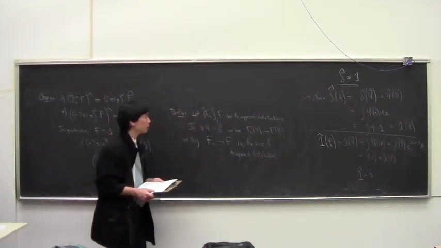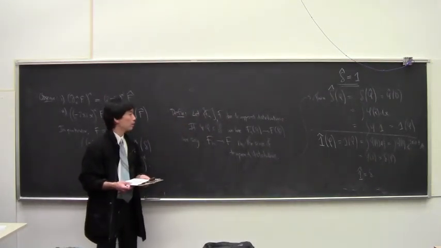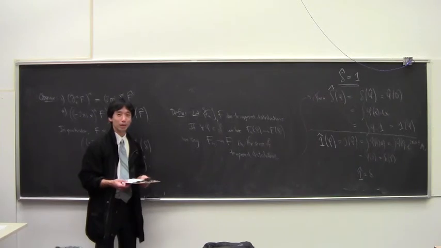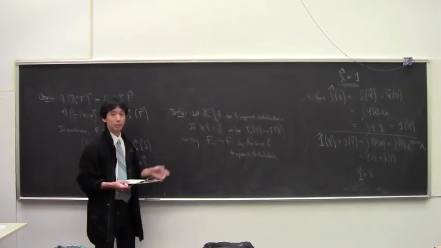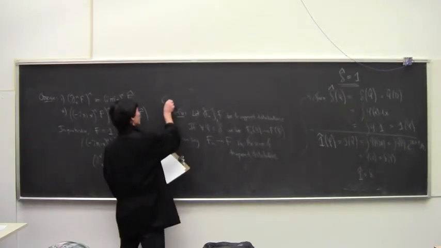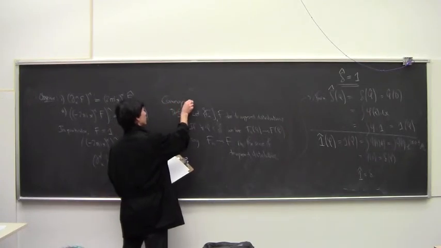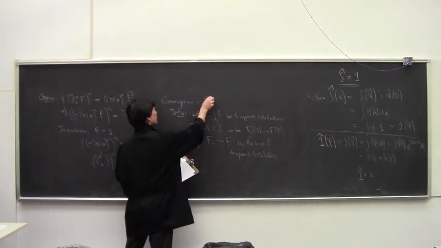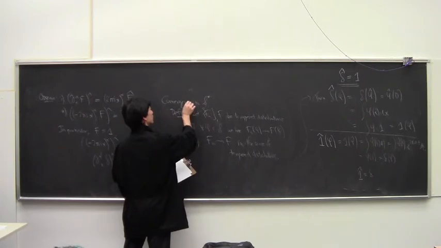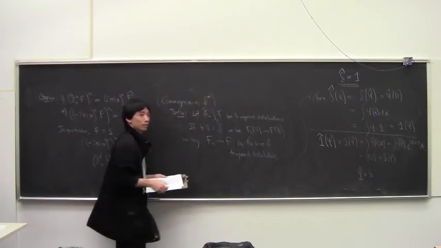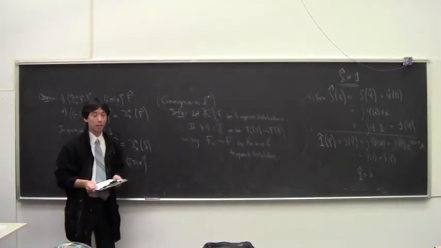That is, we're putting a topology on the space of tempered distributions, so this is convergence in S star. One has a topology on S star.